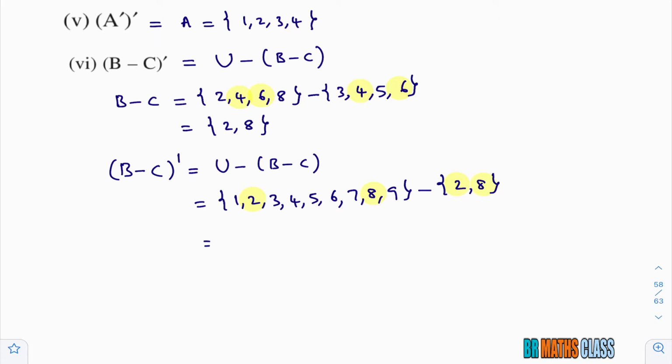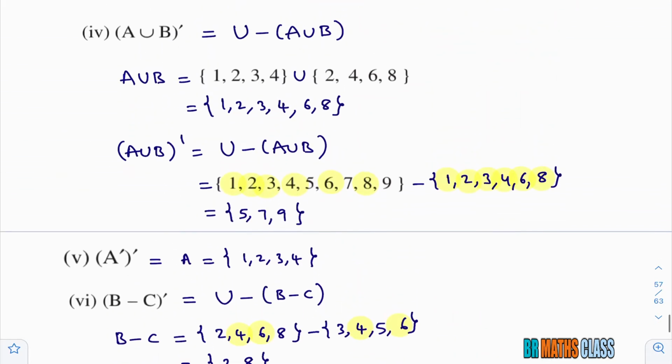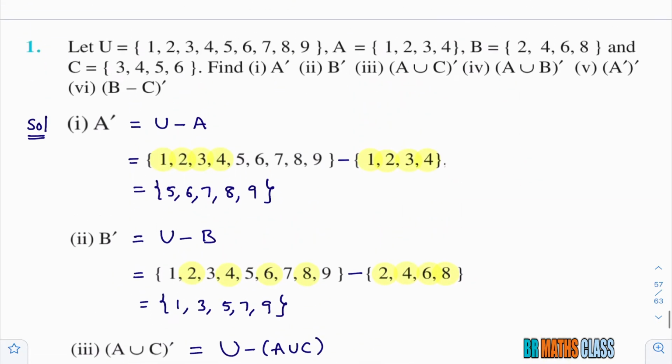So this is equal to, other than common elements, what elements are present in the first set? That is the answer. So the answer is 1, 3, 4, 5, 6, 7, 9, right? So this is B minus C whole dash. I hope you understand the solution of the first bit.